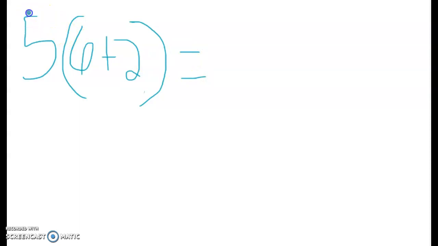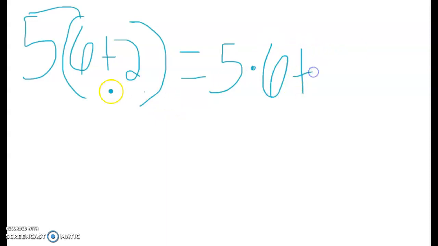We have to distribute our 5 to our 6, so 5 times 6. Bring over our plus sign. Now we distribute our 5 to our 2, so it's 5 times 2.